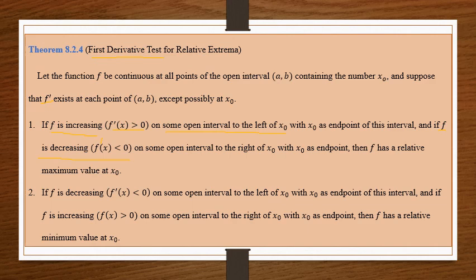On some open interval to the right, take note, to the right of x sub o, with x sub o as endpoint, then f has a relative maximum value at x sub o. So masasabi din natin, class, na yung function natin has a relative maximum value at the point x sub o if yung first derivative natin is increasing siya on some open interval to the left of x sub o, tapos decreasing siya on some open interval to the right of x sub o.